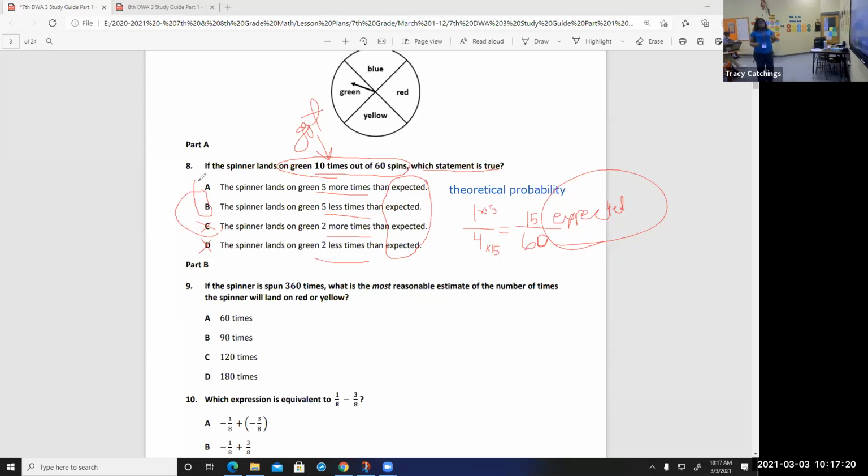All right. Somebody read 9 to us. We must spin around on red or yellow. How many times can I get red or yellow?